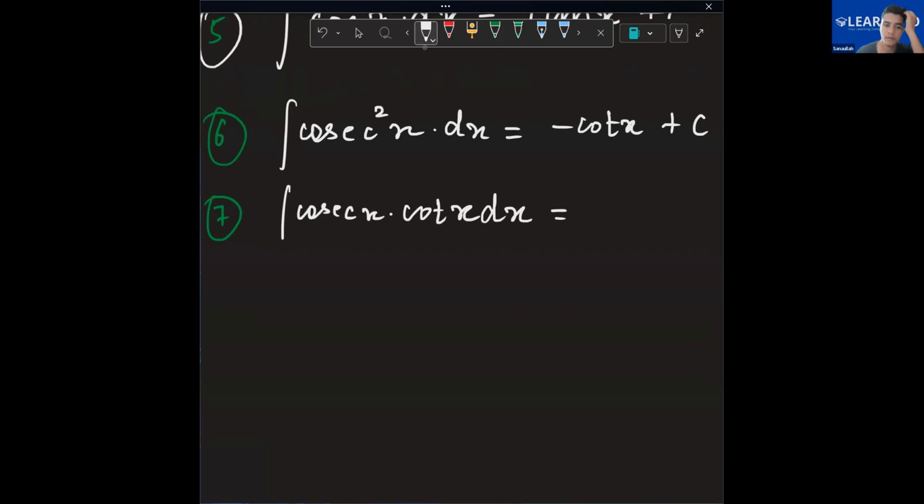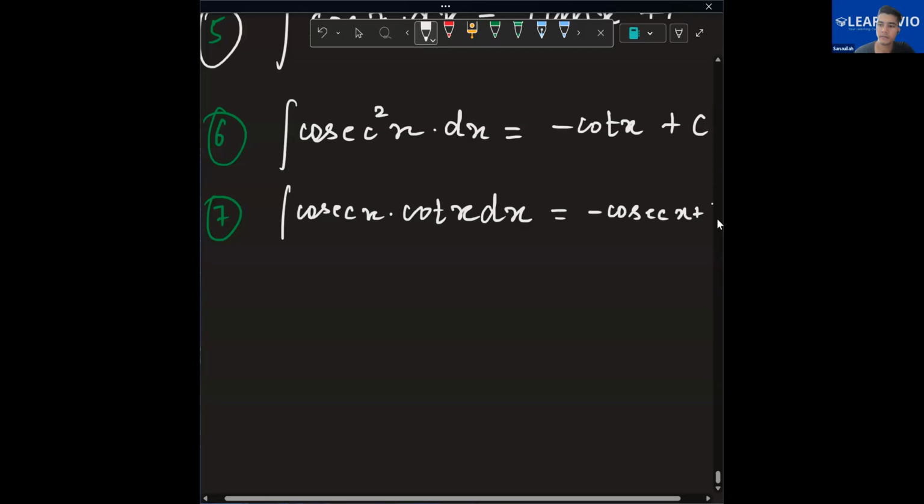Tell me what is the derivative of cosecant x? Minus cosec x cot x. So if we inverse this thing, then I will get minus of cosec x plus c. All right.